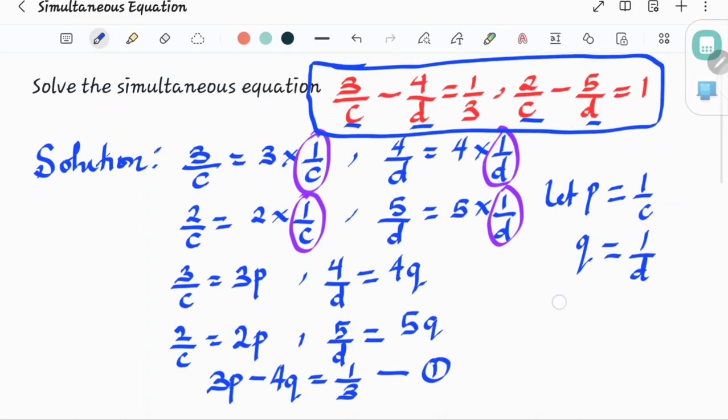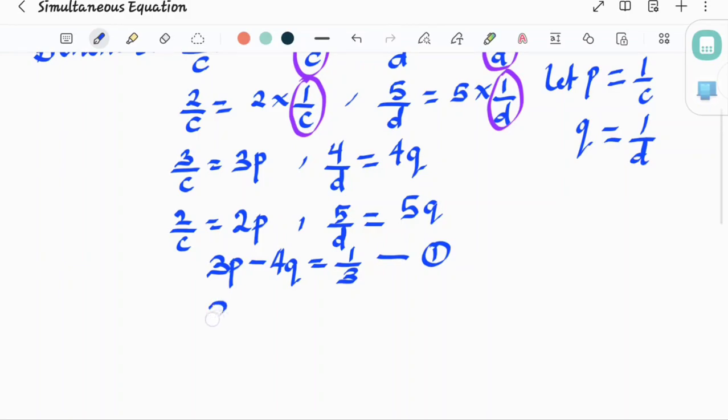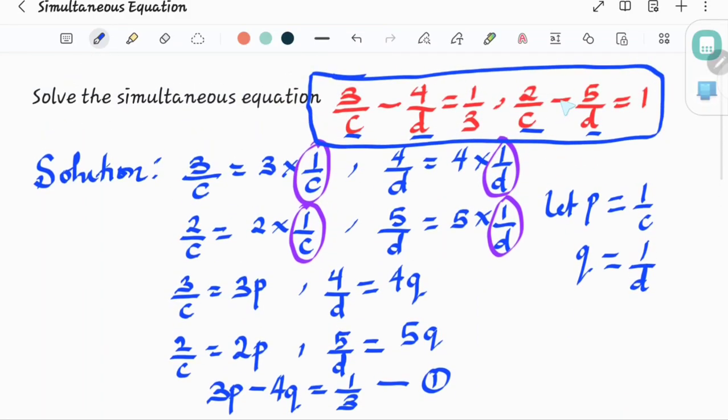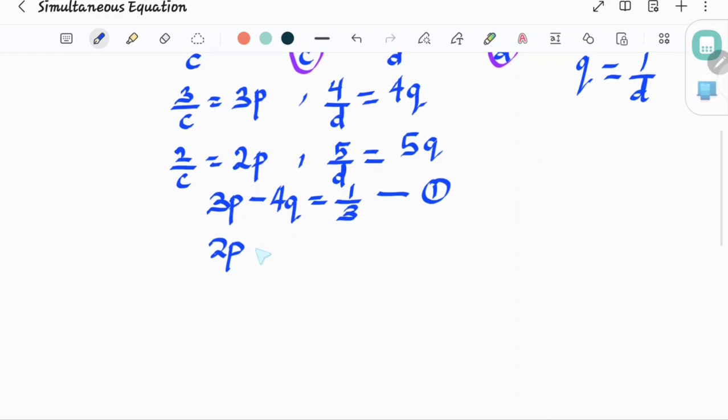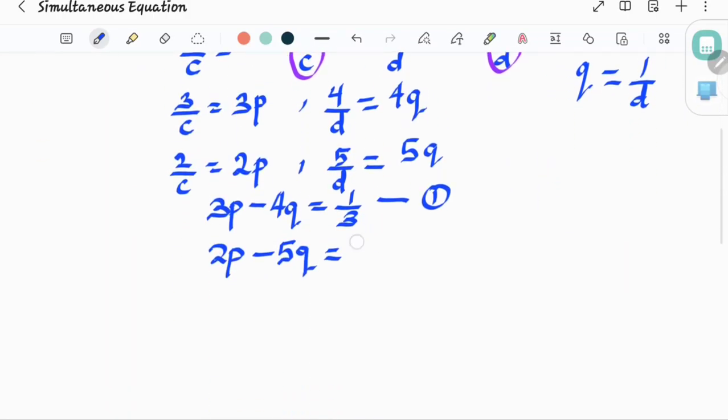Then for the second one, we have 2 over c to now be equal to 2p. Then we have a negative there, minus 5 over d, which is now 5q. Now it is also equal to 1. That is our equation 2. So very easy to now solve it.